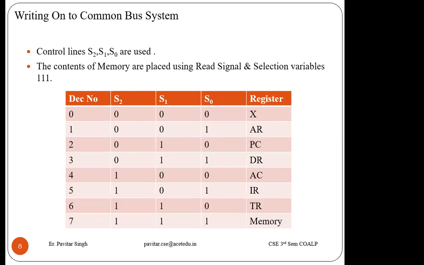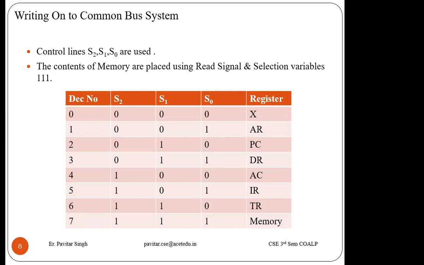Number 2, how the data reading is done from the bus. Number 3, when memory comes, how reading and writing of memory is achieved, right? We have to discuss these 3 things in the common bus system.